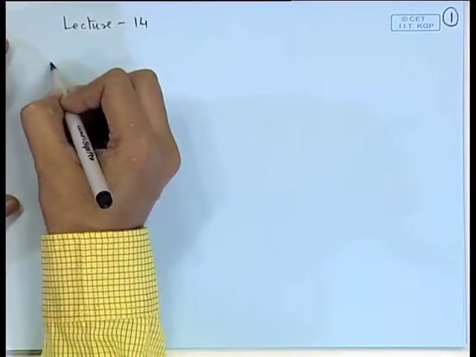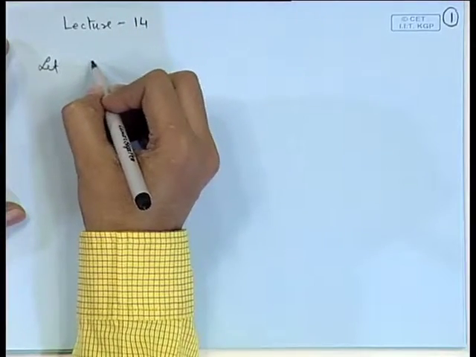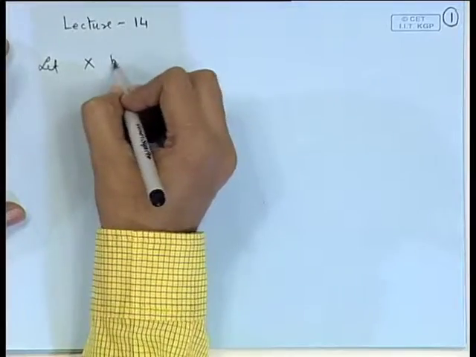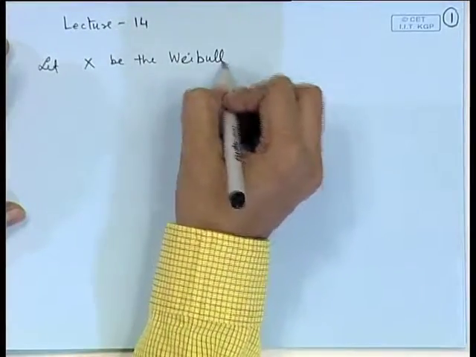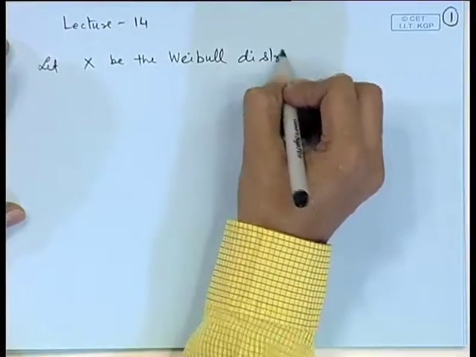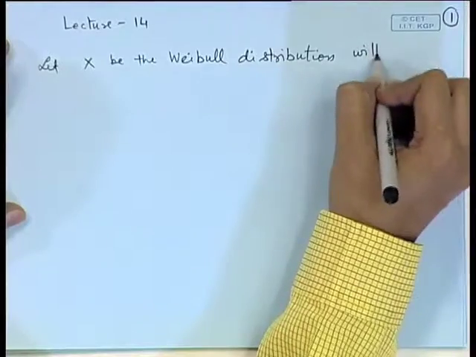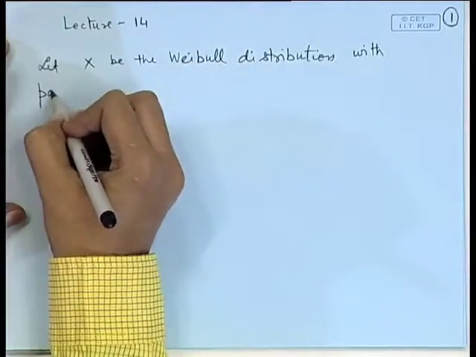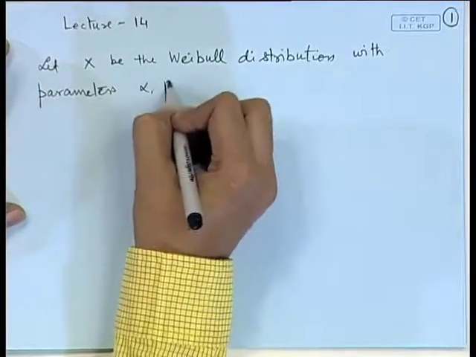So, here let us consider the distribution, let X be the Weibull distribution with parameters alpha, beta.